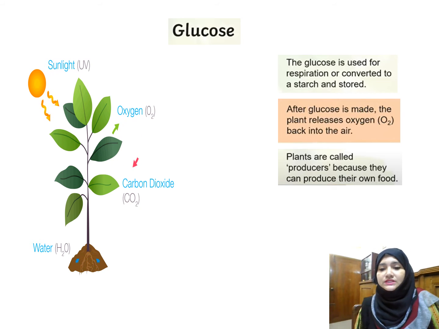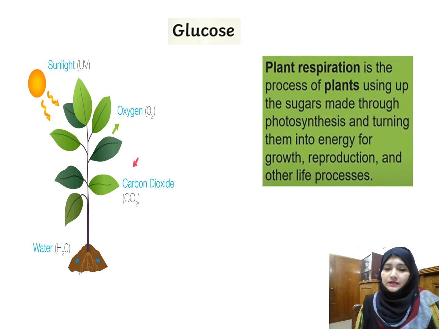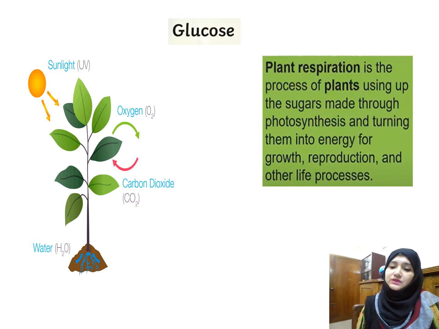They are totally dependent on plants and other animals for their food. That means plant respiration is the process of plants using up the sugars made through photosynthesis and turning them into energy for growth, reproduction, and other life processes.